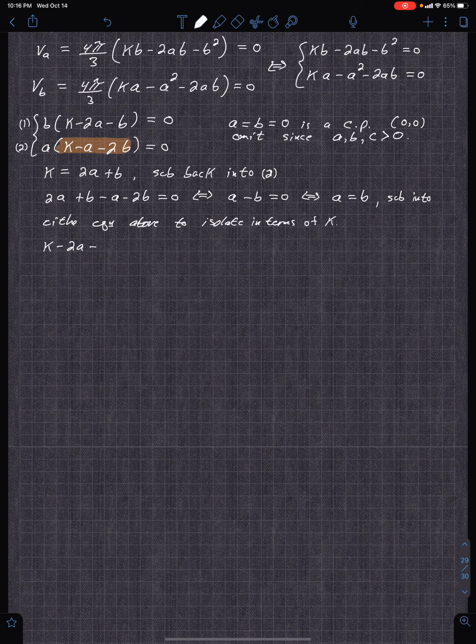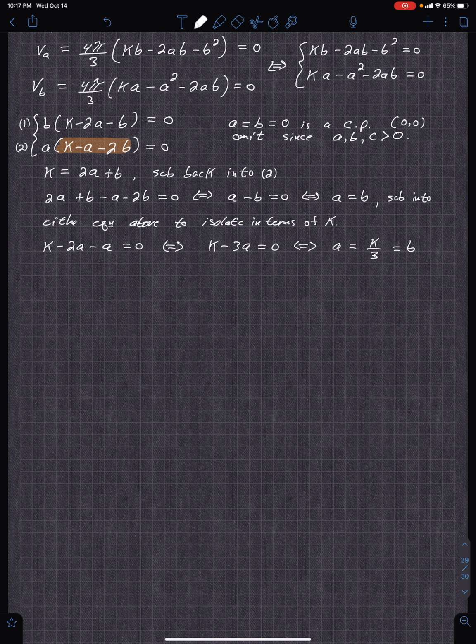Now we can say minus a equal to 0. All right, and then you can solve for a. Okay, so you have k minus 3a equal to 0, or a is equal to k over 3. So a is k over 3, which is equal to b.